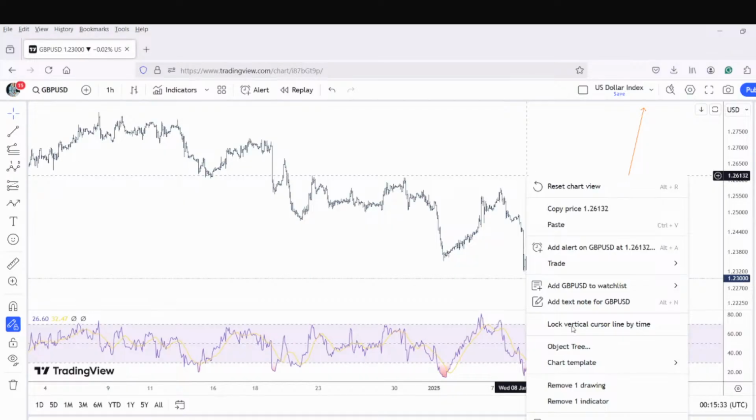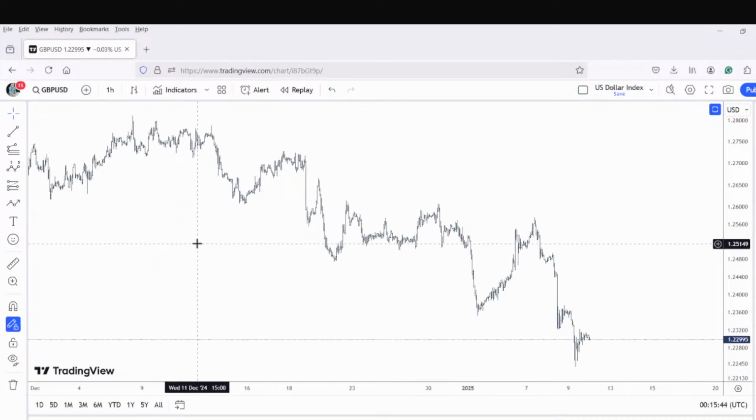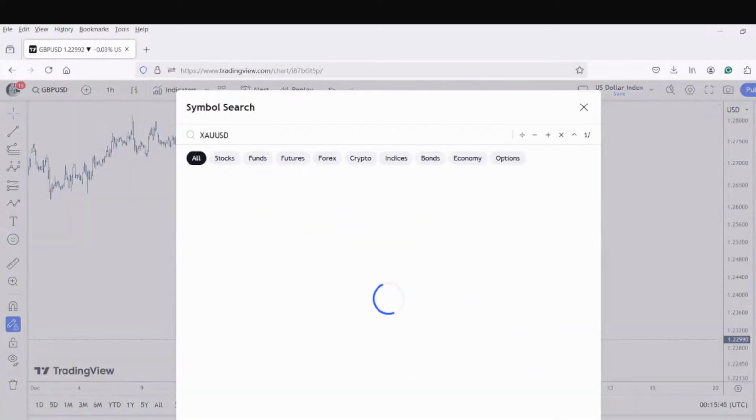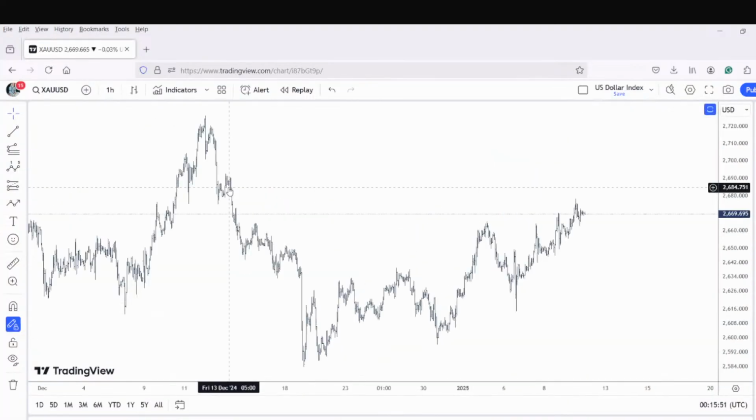All right, so the situation remains the same for the pound right now. Yeah, the interesting scenario is gold.